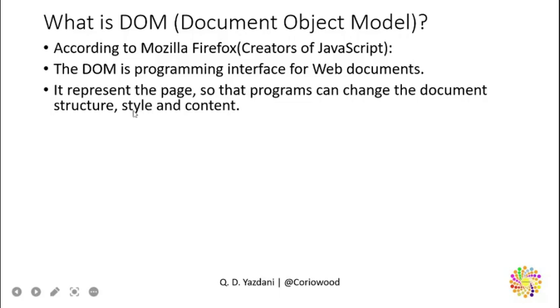Because you guys can manipulate the style. So if you're familiar with CSS, our cascading style sheet, you guys can manipulate that with the DOM. You can manipulate that with JavaScript as well. And if you want to know how we're going to manipulate that, again, you guys can go and watch my JavaScript series, where I have shown how you can do the manipulation of style or CSS with JavaScript.